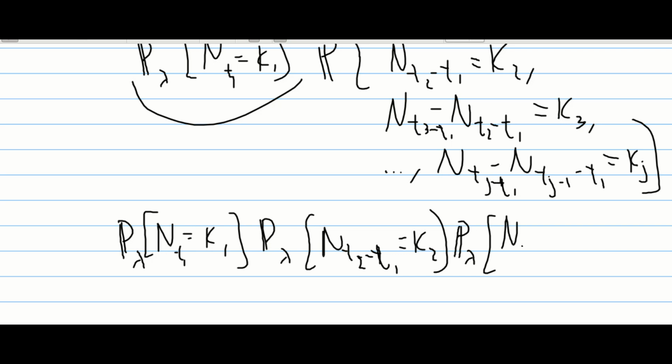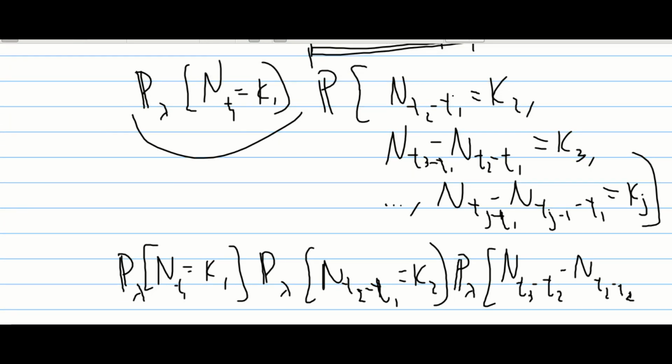This is going to be N(t3) minus N(t2) minus N(t2). Sorry, the first one is going to be N(t2) minus N(t2), which is 0.